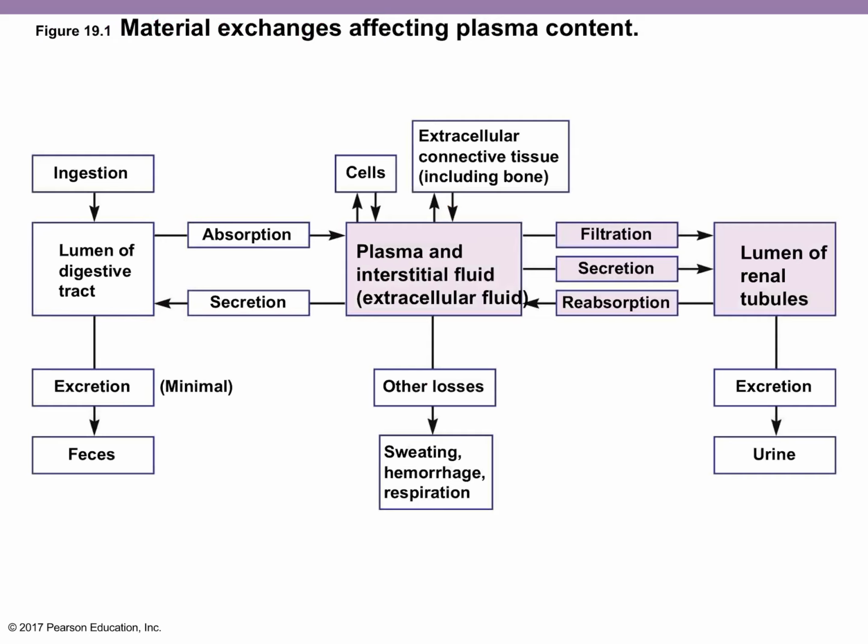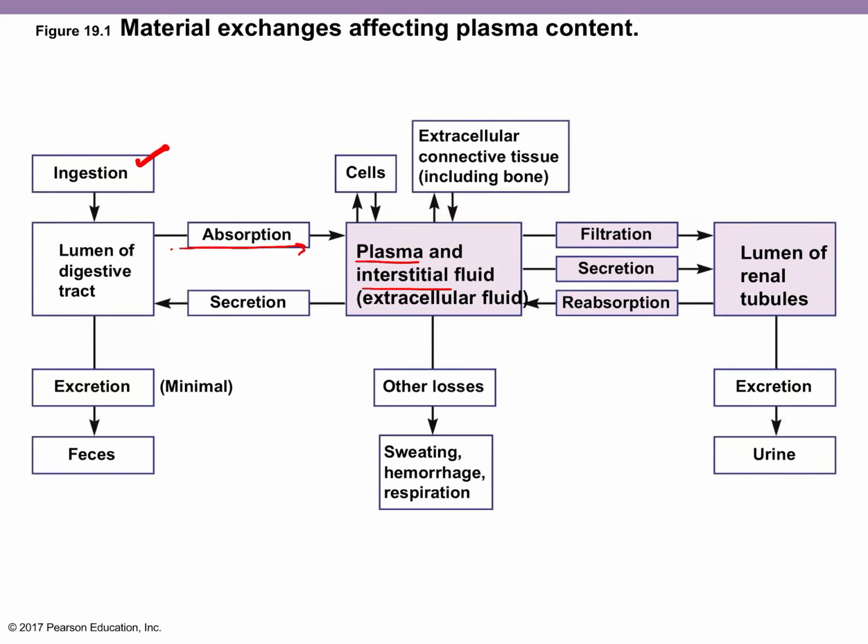So, the first part of this chapter is basically just an introduction to an understanding of how materials and water move through our body, and there's an exchange between our intestines or the gastrointestinal tract moving towards our blood plasma.